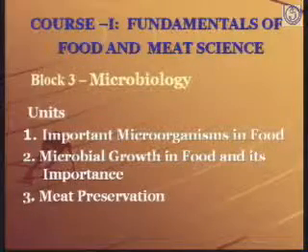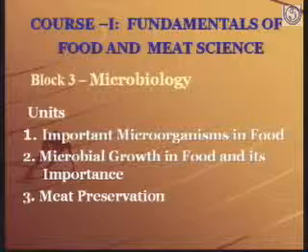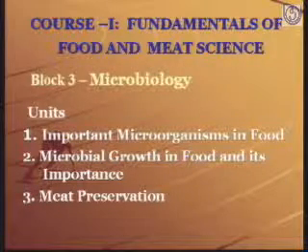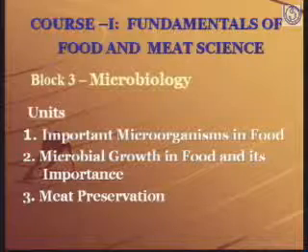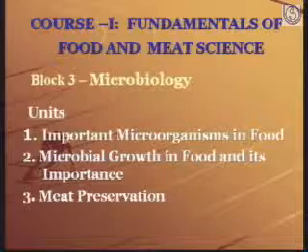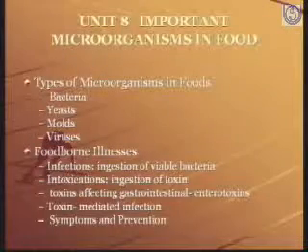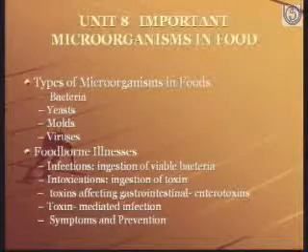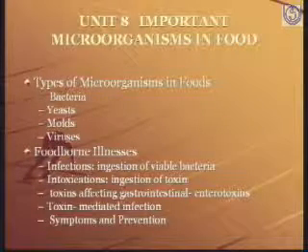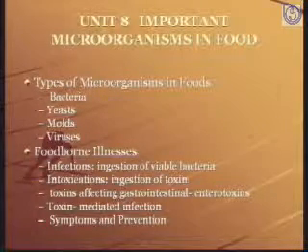Then the next block is the microbiology block. It explains the important microorganisms in food, microbial growth in food and its importance, and meat preservation. These are the three units in this block. Now, the types of microorganisms present, we know, are bacteria, yeast, mold and viruses.